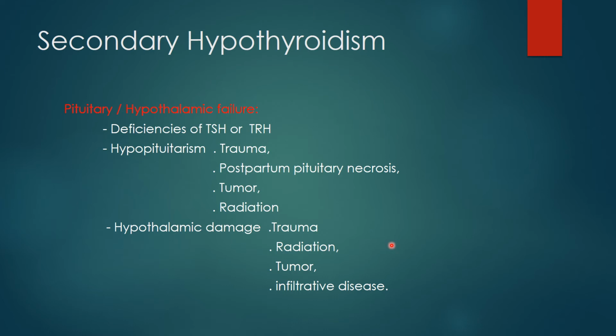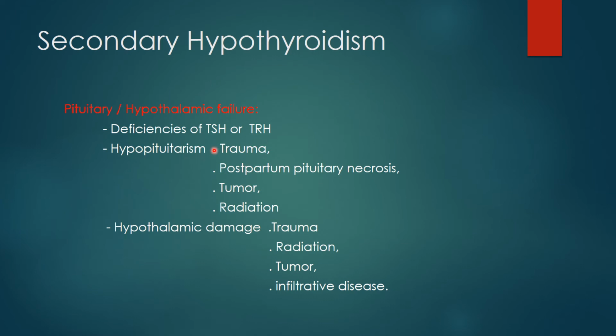The secondary hypothyroidism causes include pituitary failure or hypothalamic failure. Failure of either of these organs results in a decrease in TSH and TRH level.